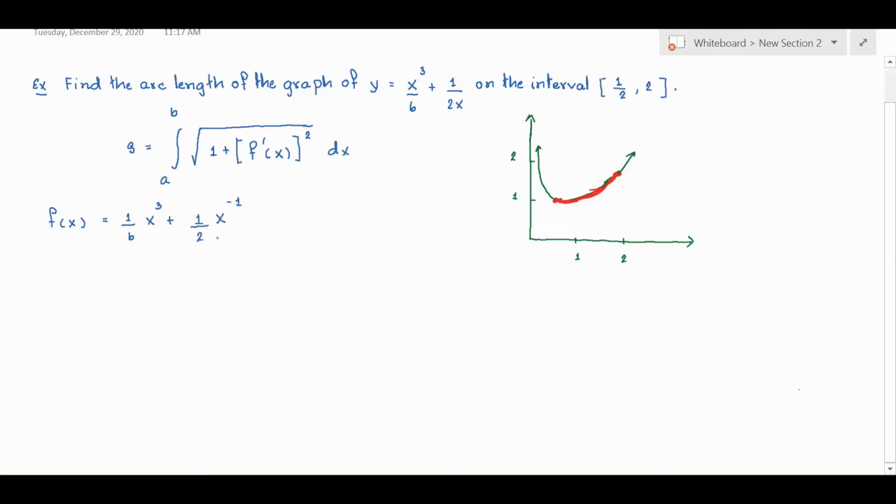I rewrite the function as 1/6 x cubed plus 1/2 x to the negative 1. Now we're going to take the derivative of this.